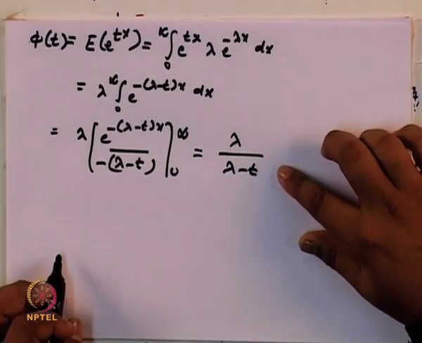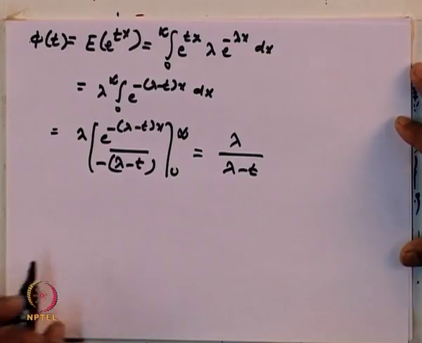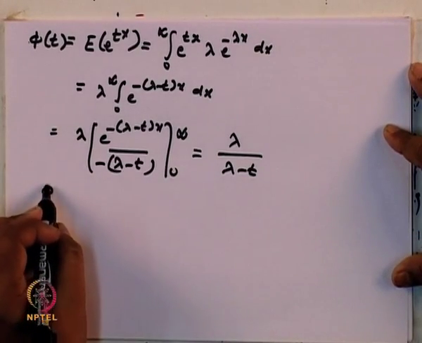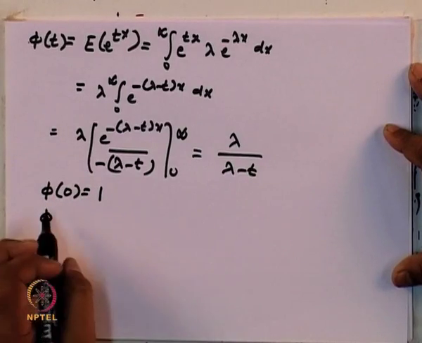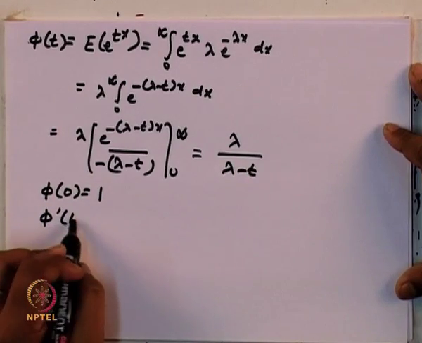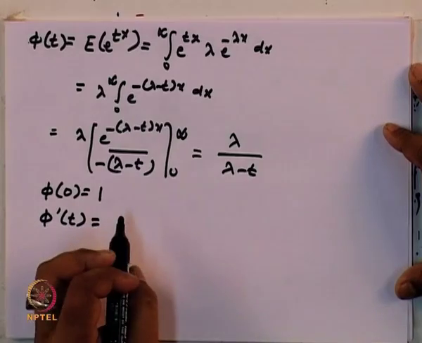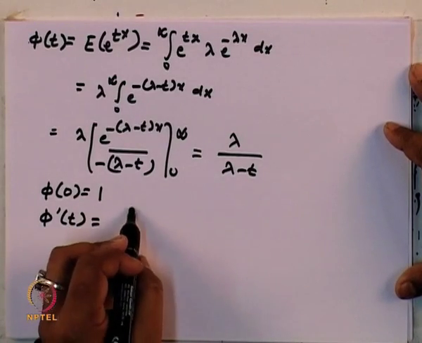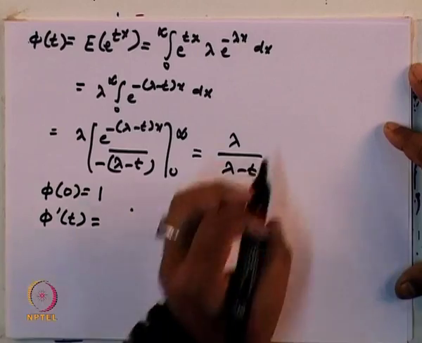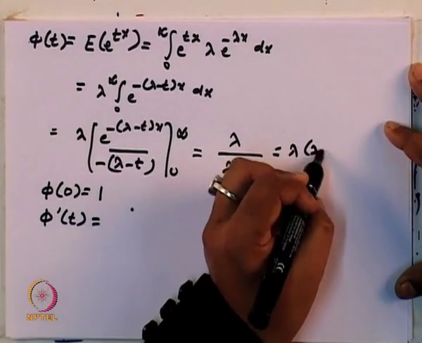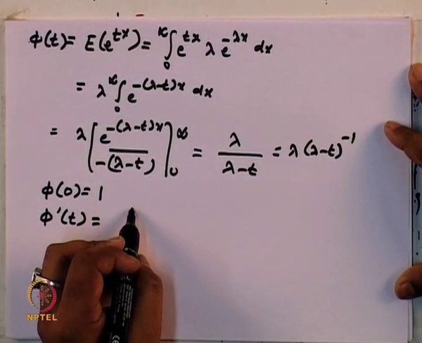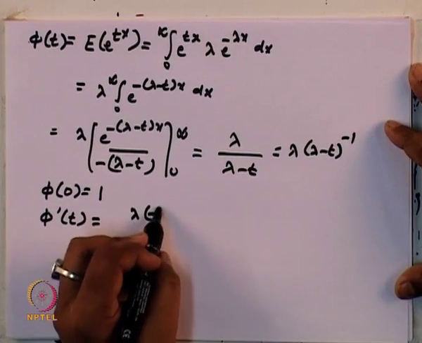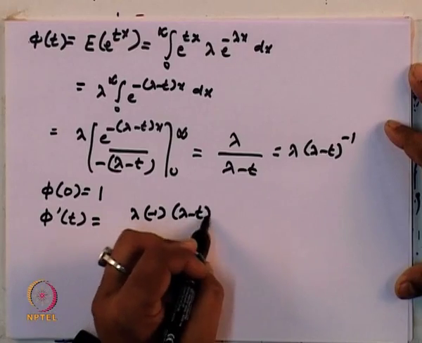Okay. So, phi of t is this, which would mean that phi of 0 is equal to 1.